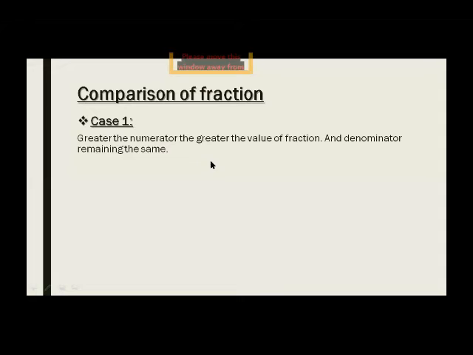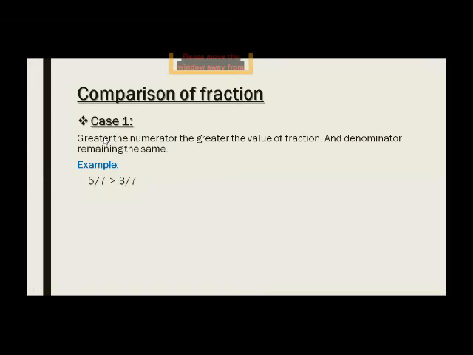When you compare two fractions, its denominator is same, but when the numerator is greater, then that fraction will be greater. For example, this is 5 upon 7 and this is 3 upon 7. See, the denominators are same, but the numerators are different, 5 and 3.